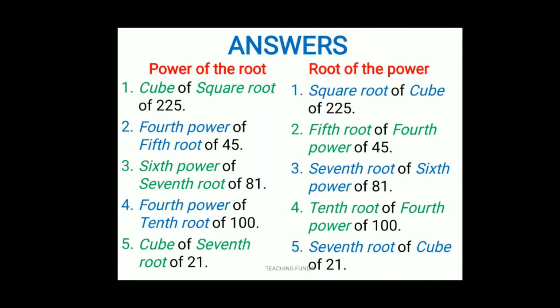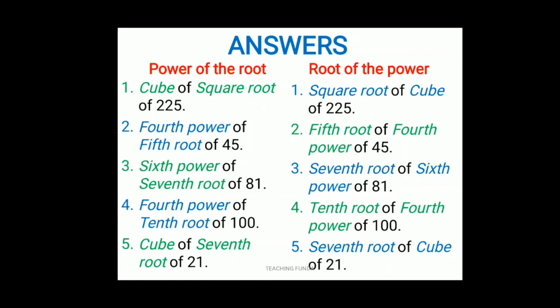How will you write the answer of this question? In the power of the root column, which number is in the power place? 4. You can't write 4 power of fifth root; you have to use the word fourth power of fifth root of 45.